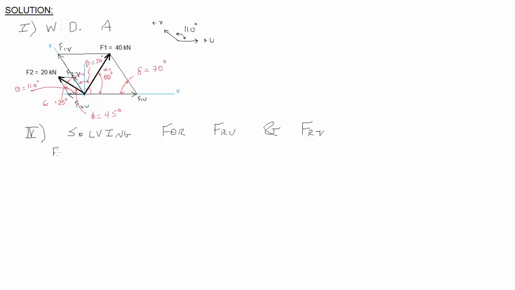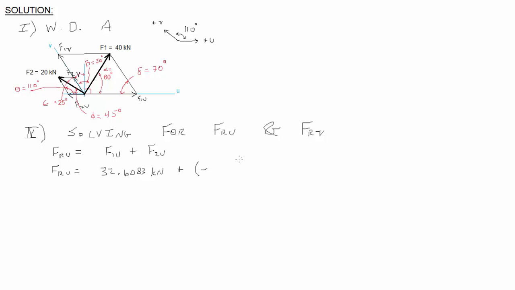So FRu equals F1u plus F2u. Now when we plug these values in, we have to make sure that we include the signs. So FRu equals, F1u was a positive 32.6083 kilonewtons.